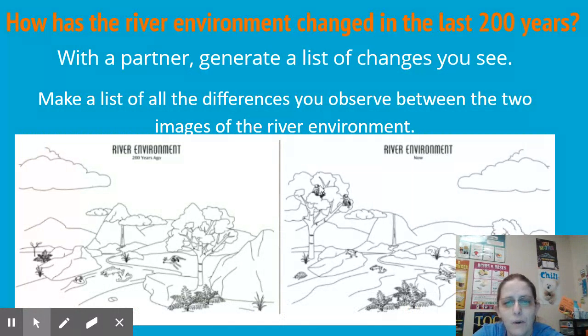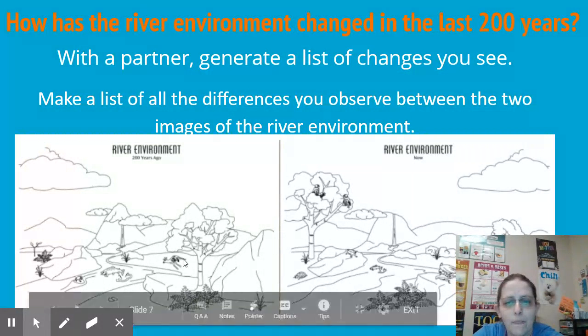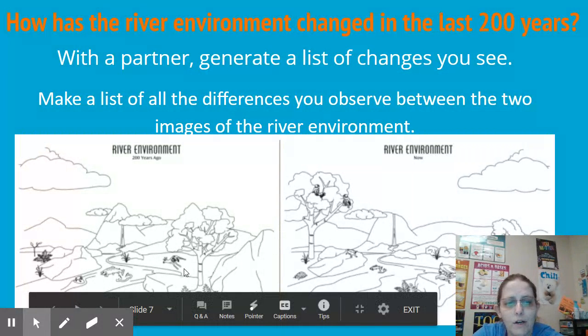That's a difference. Now we have some birds living in the tree. We have a deer right here decomposing and looks like it's dead. And that deer is no longer here, obviously, 200 years ago. Okay. We have a bug here living in these plants. That bug is not in this picture over here. Okay, so there's some changes here.